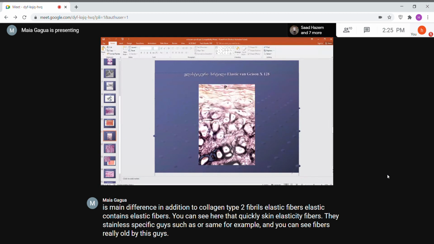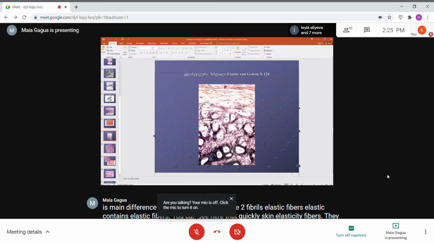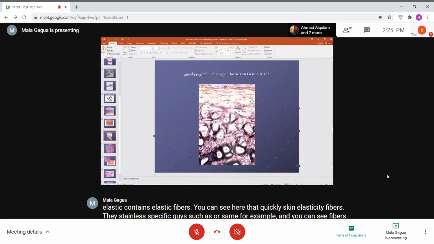So these elastic fibers add resiliency to the tissue. So elastic cartilage is more pliable than hyaline cartilage.